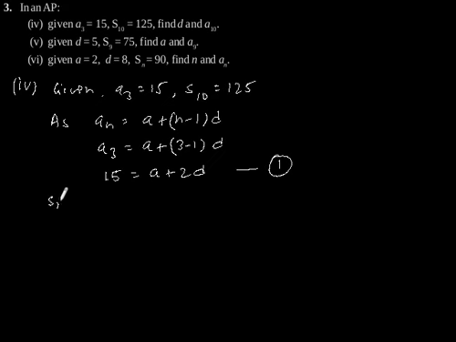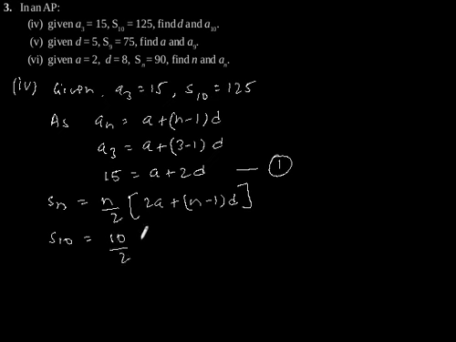Now as we know, Sn is equal to n by 2 under bracket 2a plus n minus 1 into d. So S10 is equal to 10 by 2, 2a plus 10 minus 1 into d.